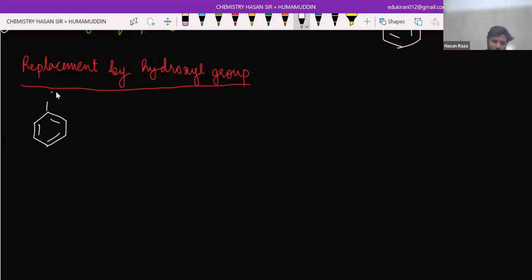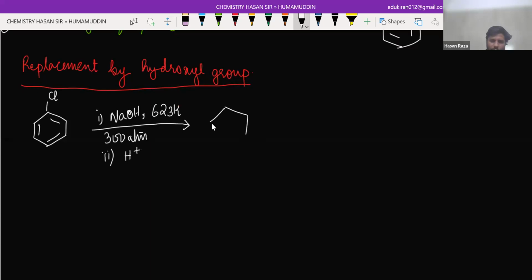This is your chlorobenzene, and if you want to remove this chlorine, you are going to react this with NaOH at a temperature of 623 Kelvin and 300 atm pressure, and then followed by acidification, that means H plus. So this is how the nucleophilic substitution reaction can take place.